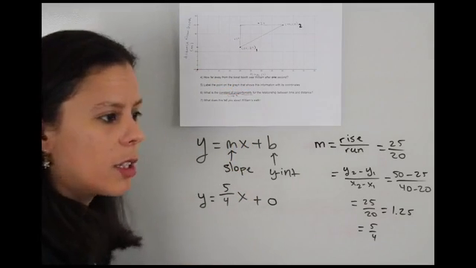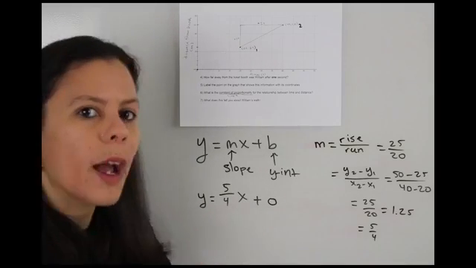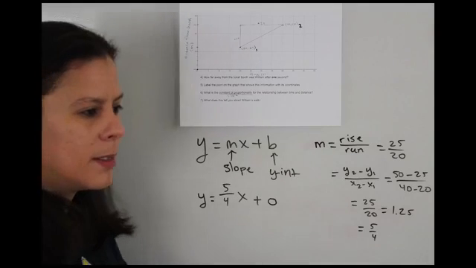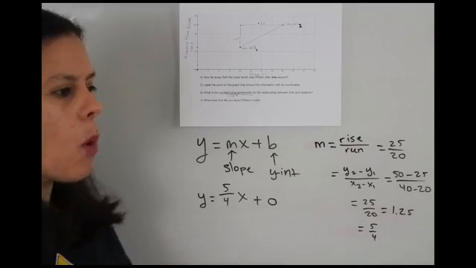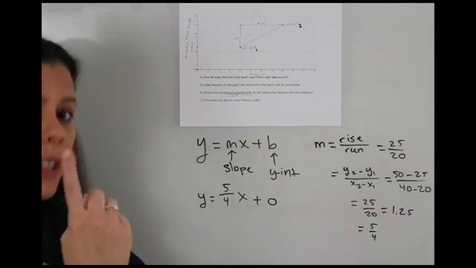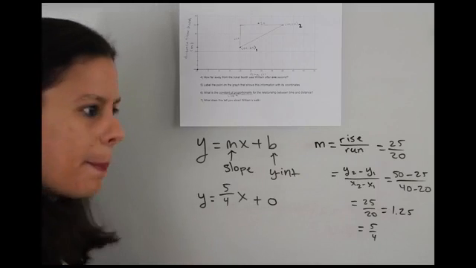That is the question, right? So when x is 1, what is the y? Because x is the time, y is the distance. So when the second is 1, what is the distance? What is the y?